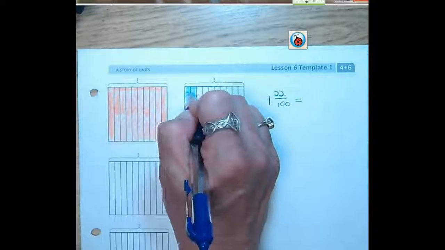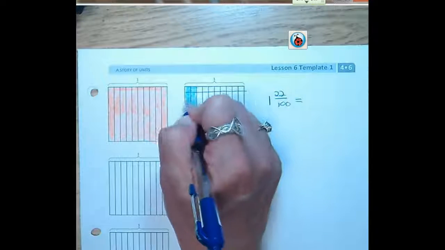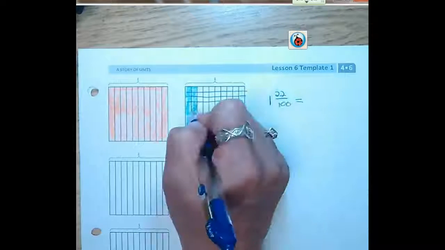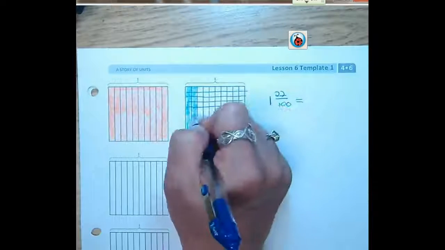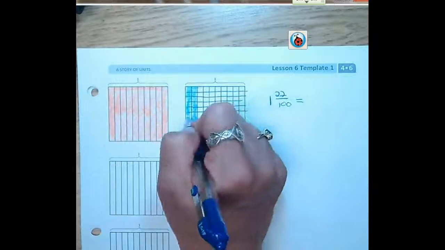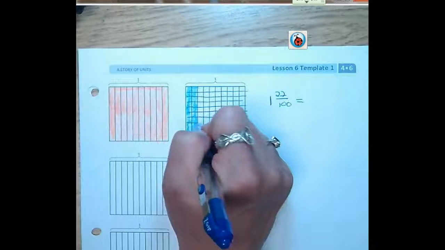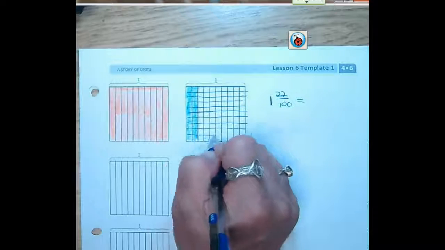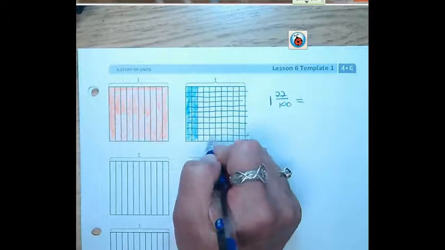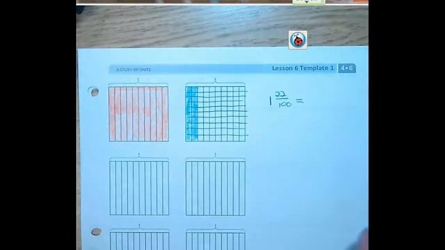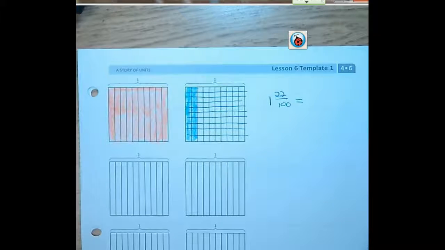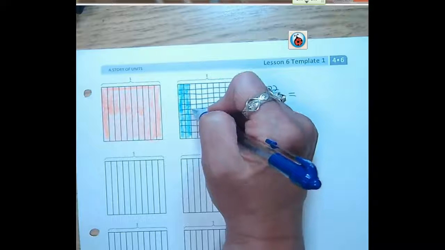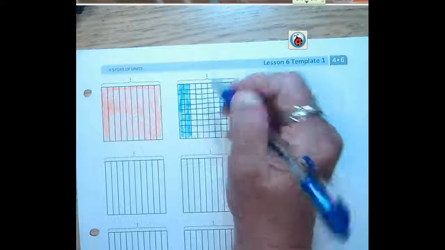So I'm going to divide it into tens, 10, 20, 30, 40, 50, 60, 70, 80, 90, and 100. So now we have 100 boxes. You should have 10 spots going down: 1, 2, 3, 4, 5, 6, 7, 8, 9, 10.